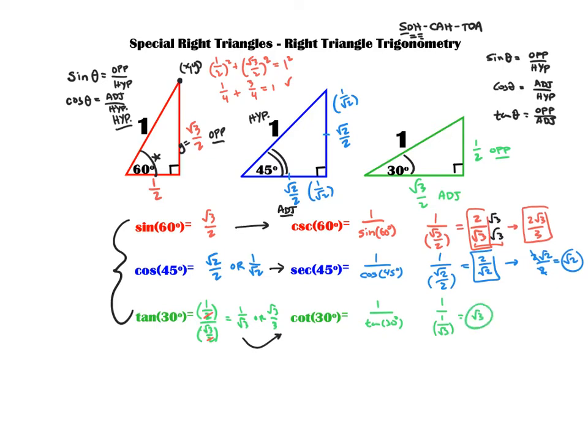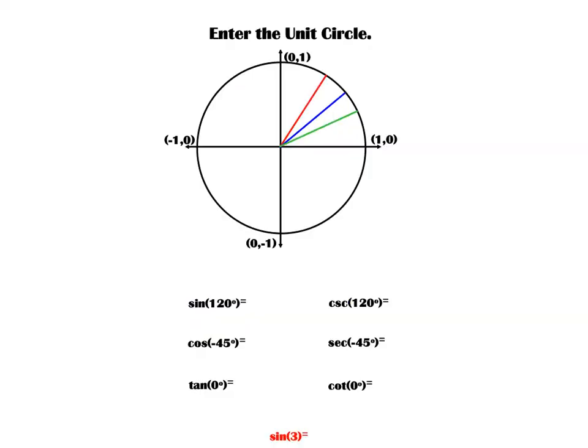So pretty nice answer coming out of that in the very end. So we've talked about our original 3 trig functions, sine, cosine, tangent, and we've talked about the reciprocal functions, cosecant, secant, and cotangent. Let's get into some unit circle stuff where this will take place.